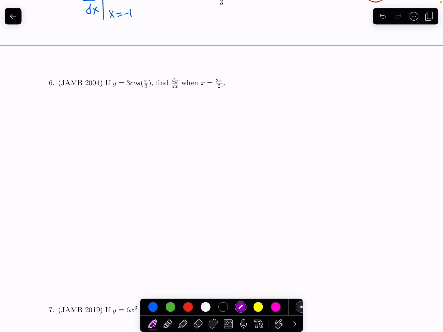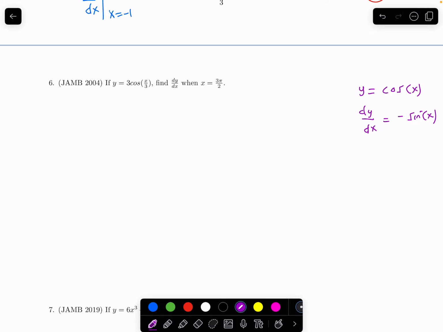So we want to find the derivative of 3 cos x divided by 3 when x is equal to 3 pi over 2. So how can we do this? Recall that if I have y equal to cos x, the derivative dy/dx is negative sine x.